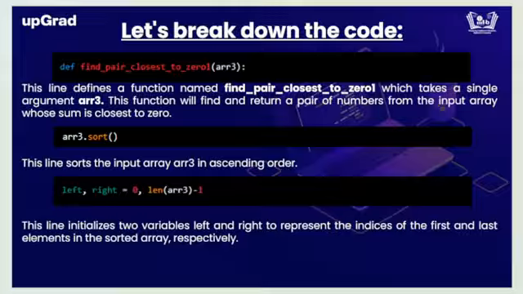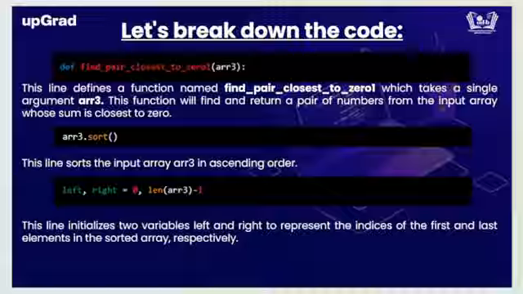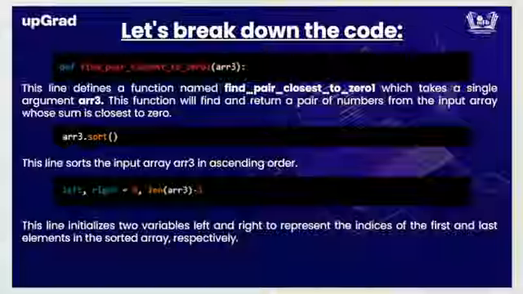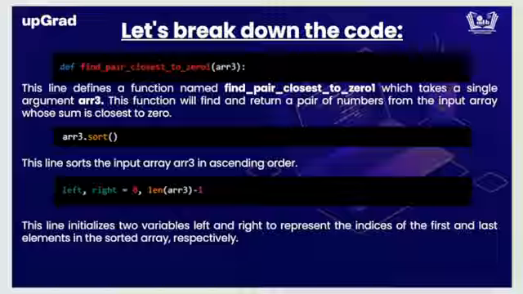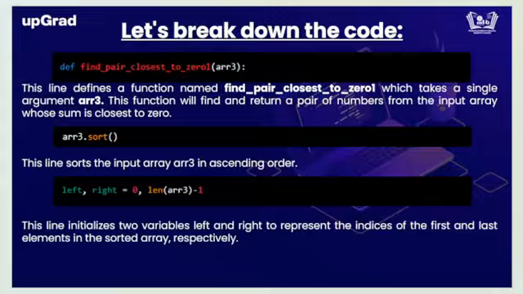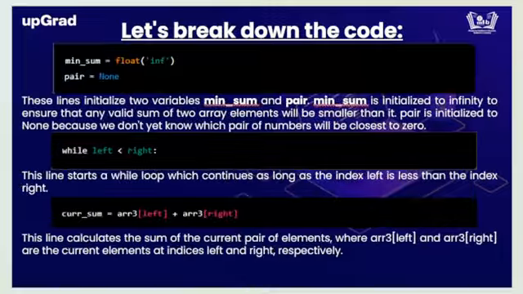The first line of code is defining a find pair close to 0 function which takes an array as input, and after that the input array is sorted through the sort function, and the next line of code initializes our two variables called left and right to 0 and the end of the array.